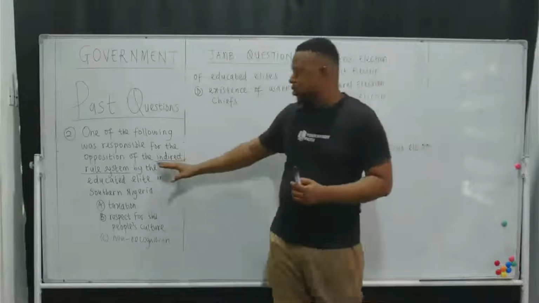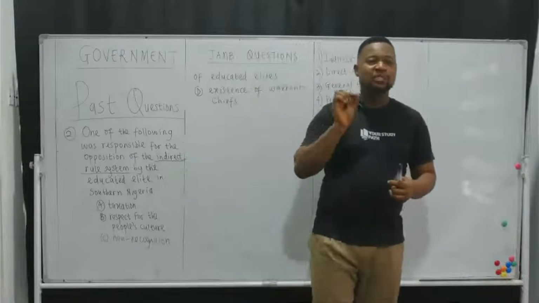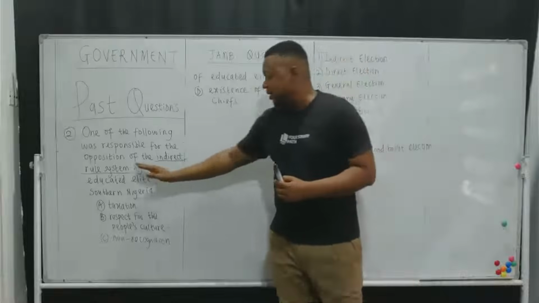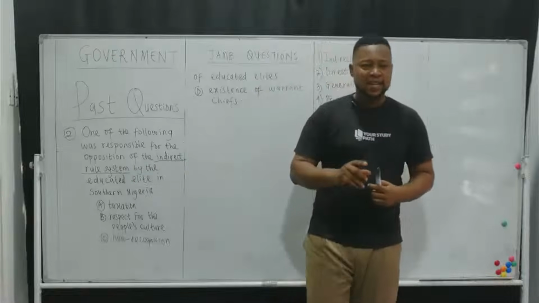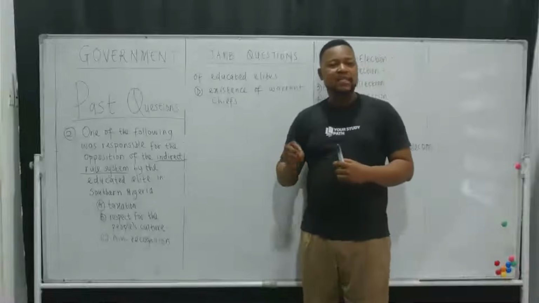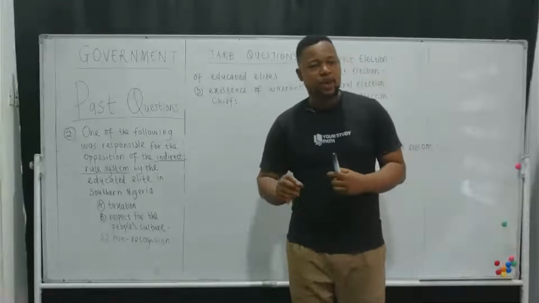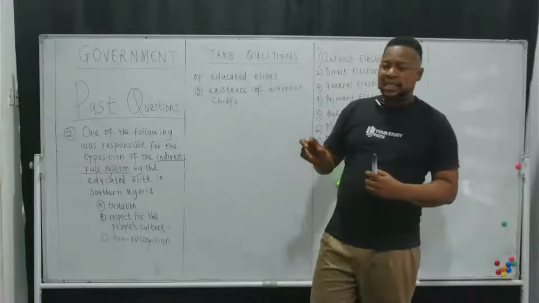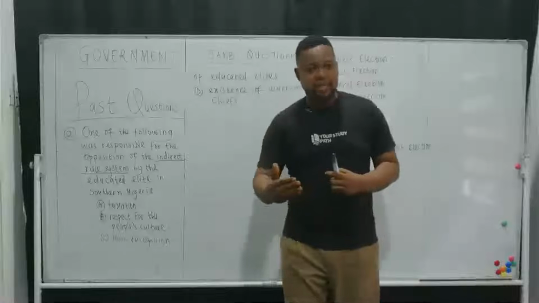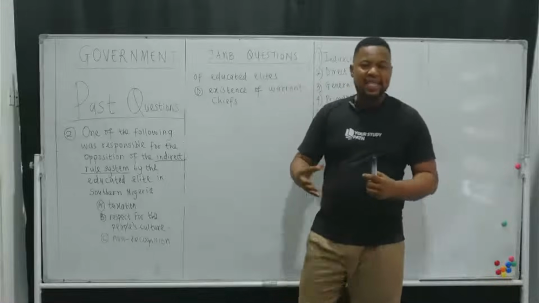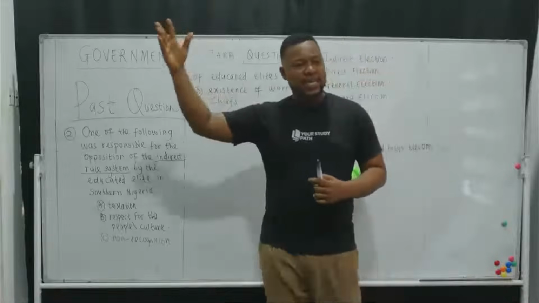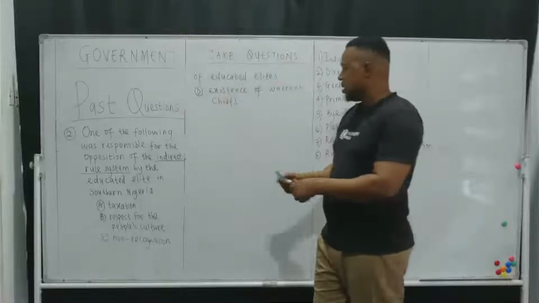But this question focuses on British colonial administration. So indirect rule system can be defined as the British policy of administration that involves the use of traditional rulers and chiefs as intermediaries between the British government and their subjects. Let me just explain it here.